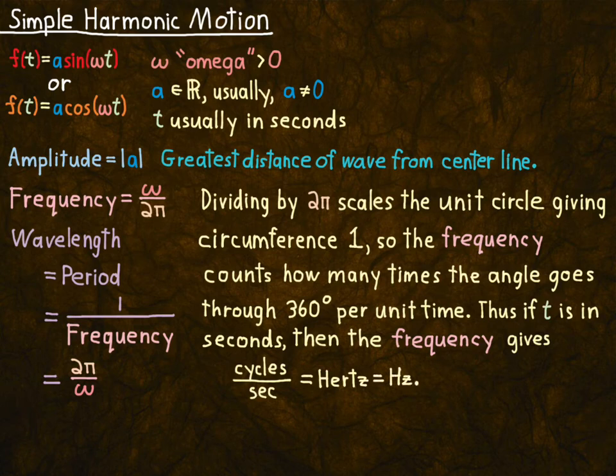So the frequency gives cycles, how many times around the circle, cycles per second, which is the definition of Hertz, abbreviated Hz. I'm sure everyone's heard of Hertz before, and you've probably heard this expression, cycles per second, as well. Anyway, that's what omega over 2 pi is.